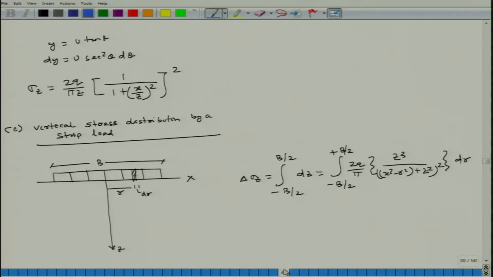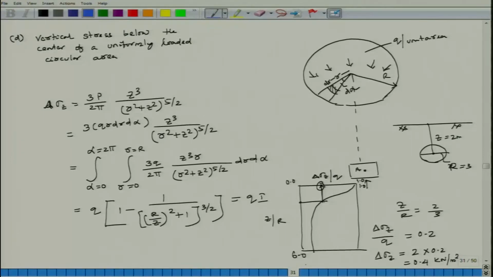Then the vertical stress distribution by a strip load: again considering a point load, it was extended by taking small portions, which were integrated over the strip zone from minus b by 2 to plus b by 2.